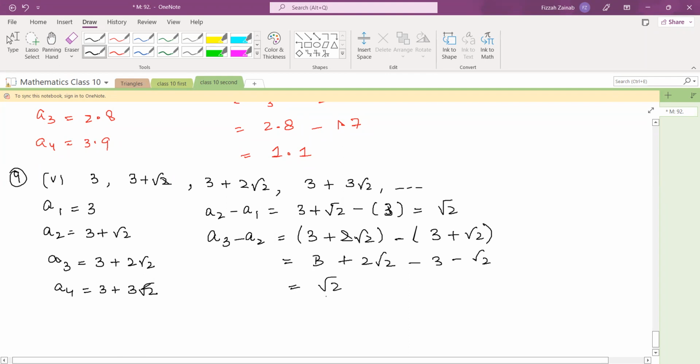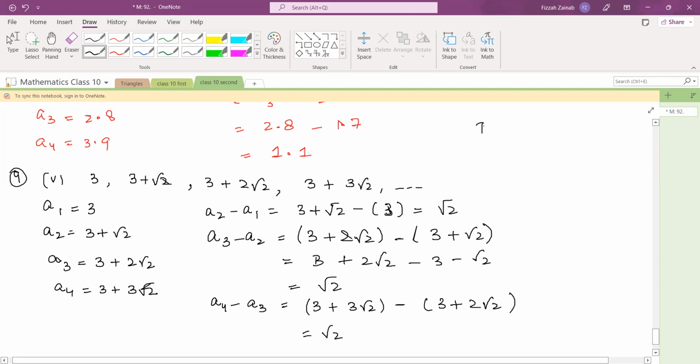So I'm getting the same difference. You can check for the third also, because it is already given, so you have to check for this also. A4 minus A3, 3 plus 3 root 2. So you can directly see 3 gone, so again under root 2 you will see. So the difference is same. So therefore it is an AP.